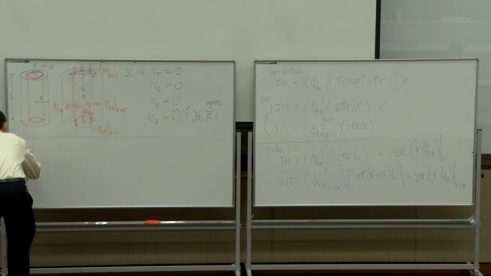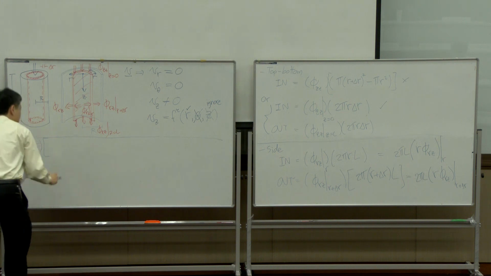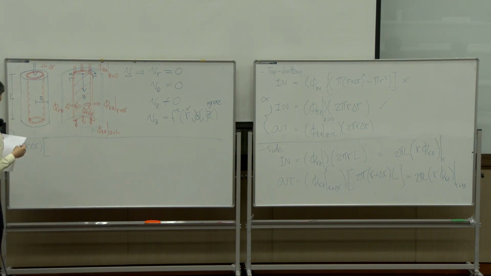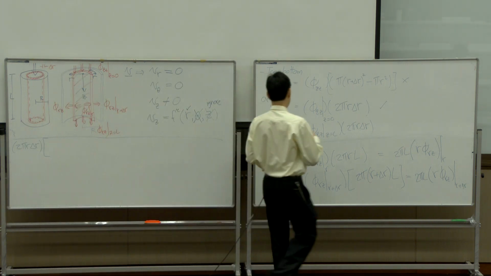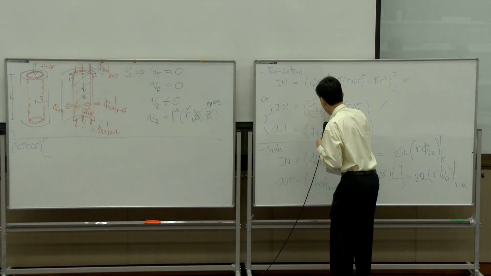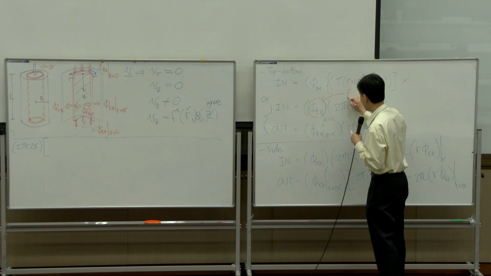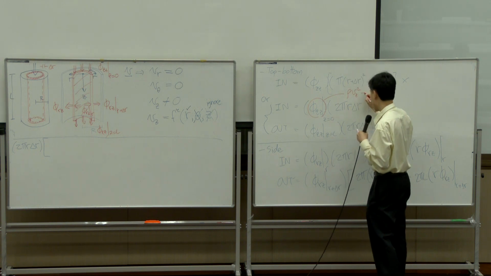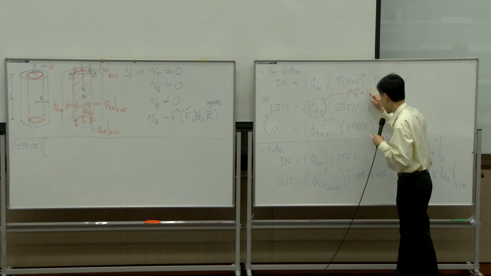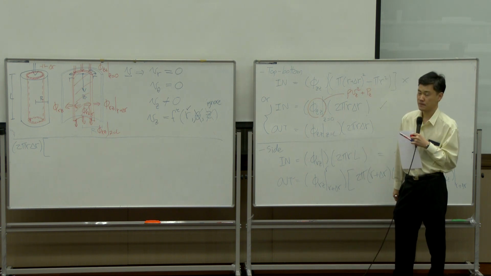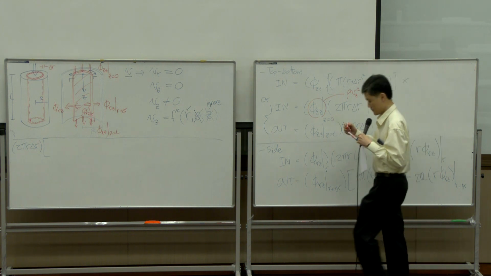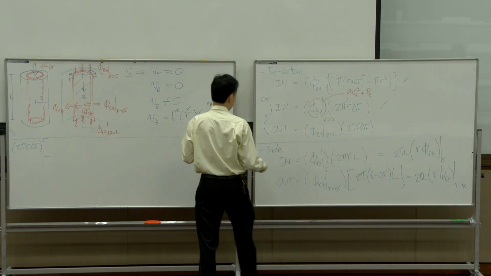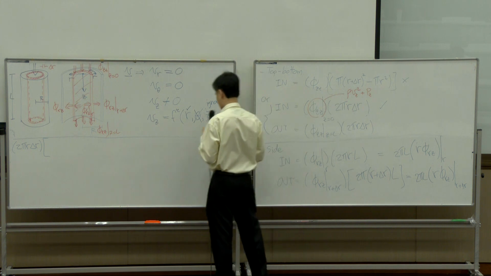That will give you 2 pi r delta r, that's the area, times the flux phi zz, which is equal to rho v squared plus pressure from what we discovered earlier. So I'm going to take rho v v together.